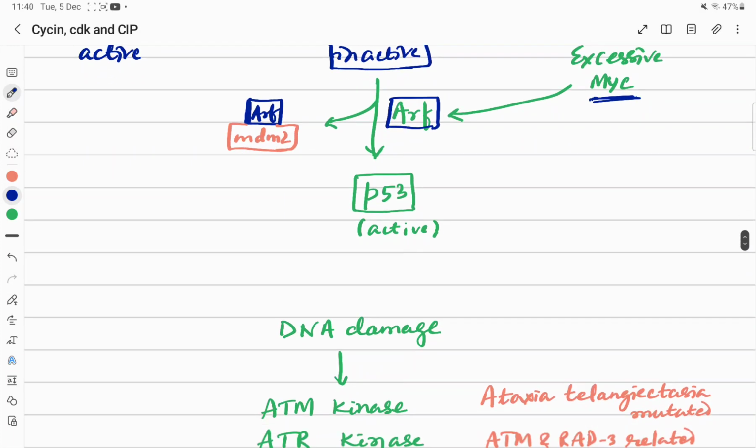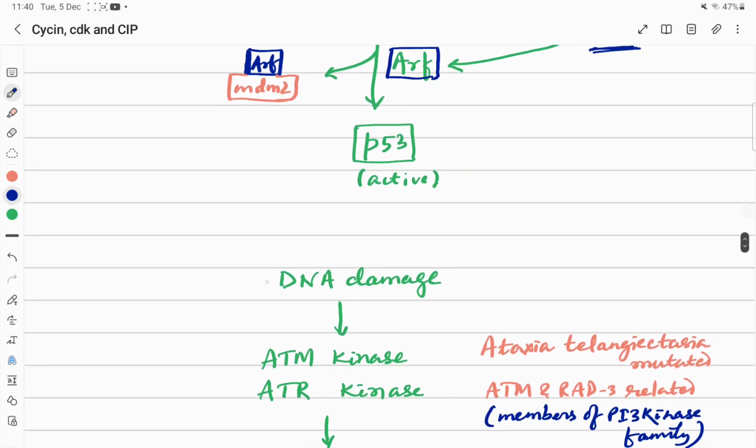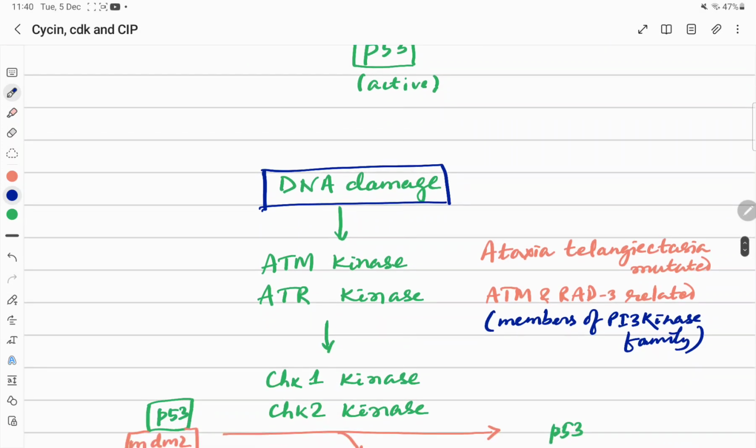Similarly, this P53 acts as a negative regulator when there is DNA damage. DNA damage also is a stimuli to activation of P53, and DNA damage causes activation of ATM kinase and ATR kinase. ATM, the full form is ataxia telangiectasia mutated. ATR is ATM and RAD3 related. These are members of the phosphatidylinositol 3 kinase family group of enzymes.